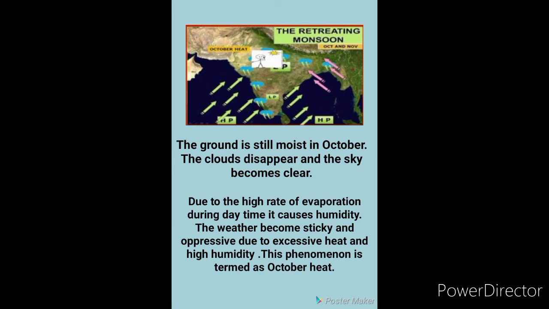The days are hot while the nights are pleasant and cool. Due to the high rate of evaporation during daytime, it causes humidity. The weather becomes sticky and oppressive due to excessive heat and high humidity. This phenomenon is termed as October heat.